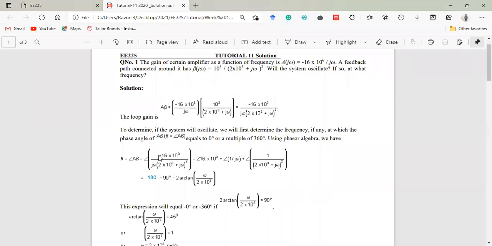So in this case, we can directly find the angle of -16 times 10 to the power of 9. The negative sign is what matters over here.